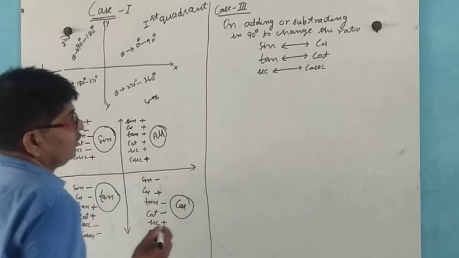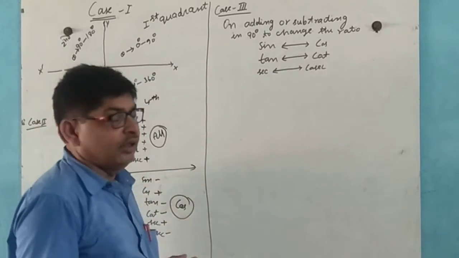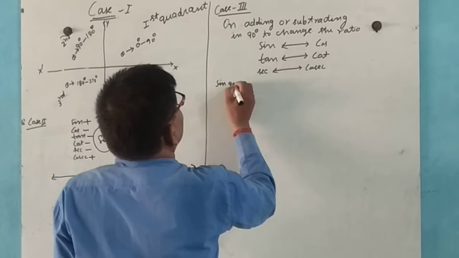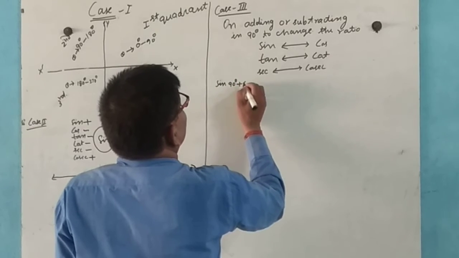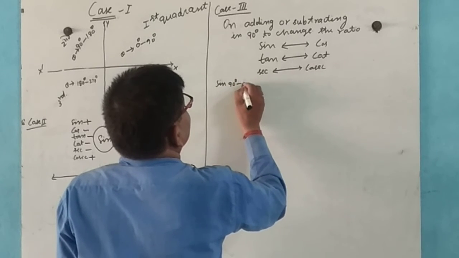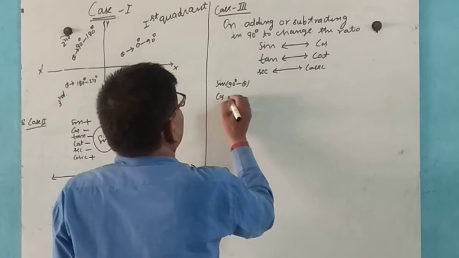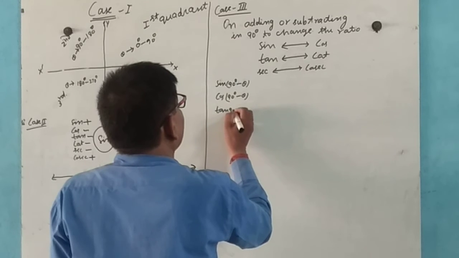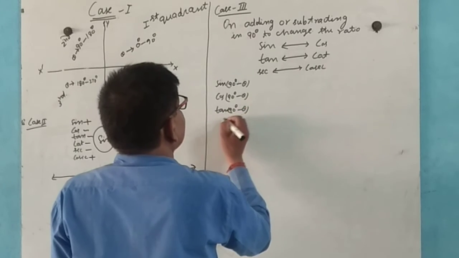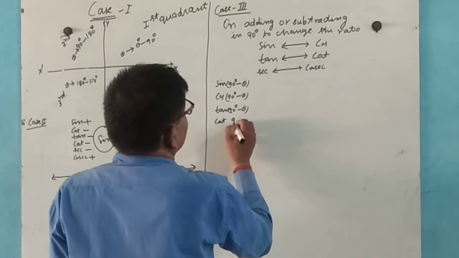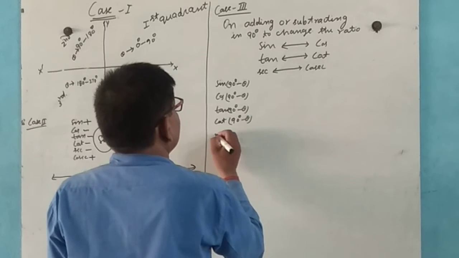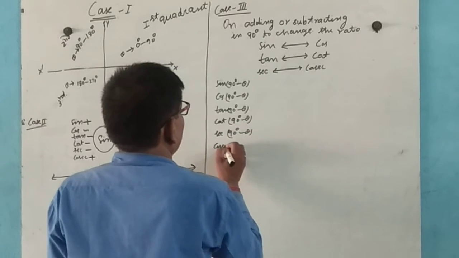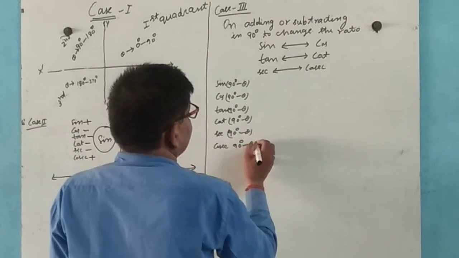And now we write the formula here. Sin 90 minus theta, cos 90 minus theta, tan 90 minus theta, cot 90 minus theta, sec 90 minus theta, cosec 90 minus theta.